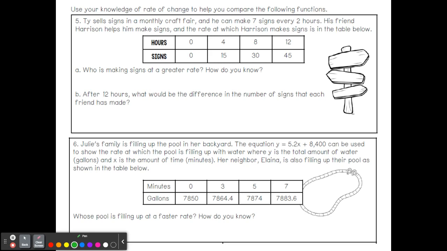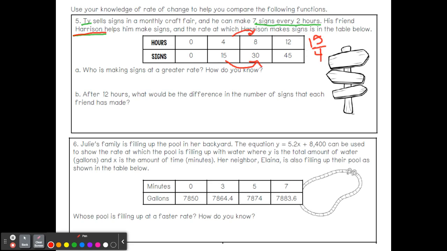Ty sells signs in a monthly craft fair, and he can make 7 signs every 2 hours. Okay, so Ty's rate is 7 signs every 2 hours. His friend Harrison helps him make signs, and the rate at which Harrison makes signs is in the table below. Okay, so we can see that 15 signs were made here, okay, over 4 hours.